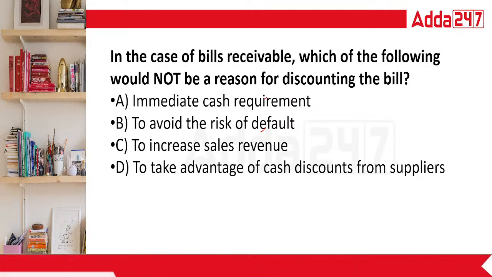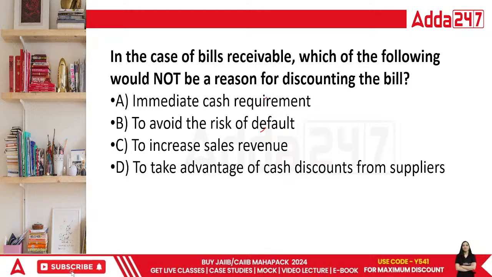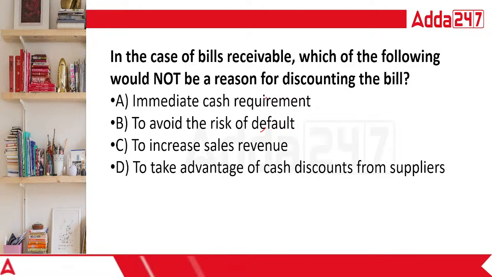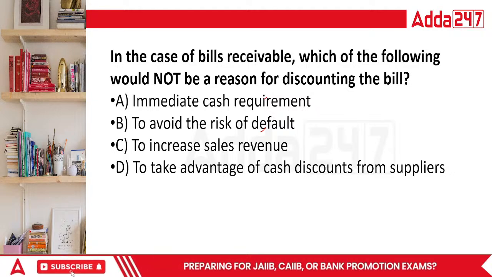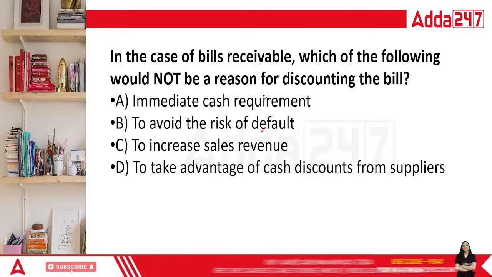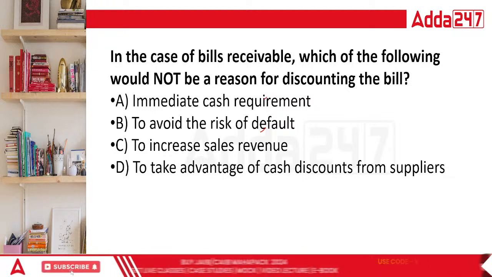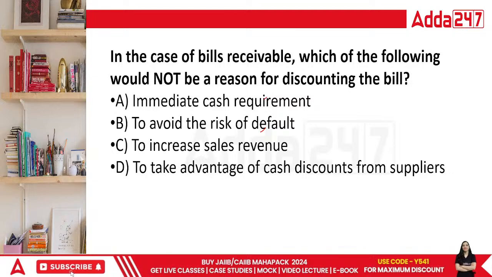Then, to increase the sales revenue. In case of a bill receivable, why would you give it or sell it? To take advantage of cash discounts, you pay the specific amount to your wholesalers. It is even for immediate cash requirements as well.